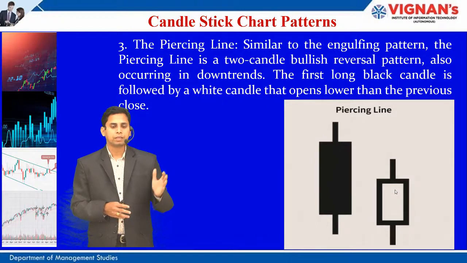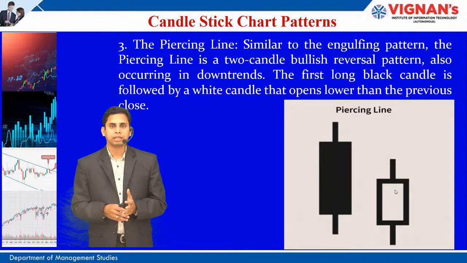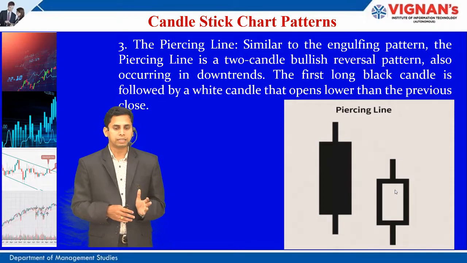The stock has been moving in a downward direction, and in that downward direction this piercing line is going to be formed. The first long candle is followed by a white candle that opens lower than the previous close.